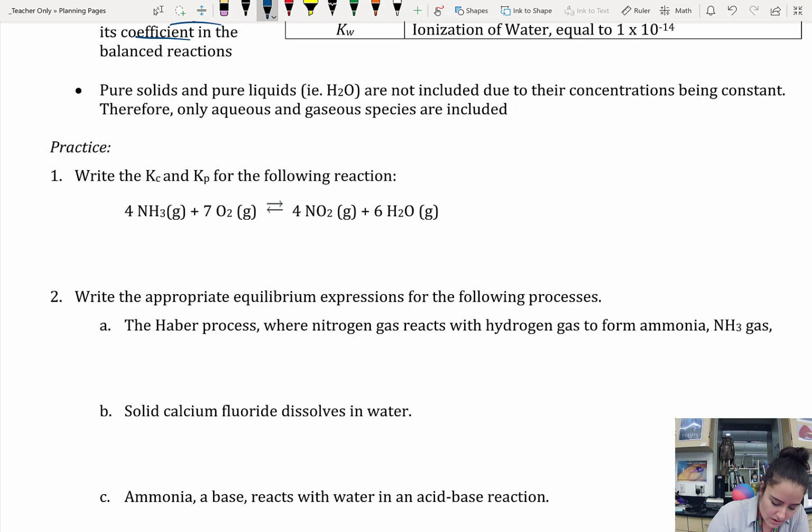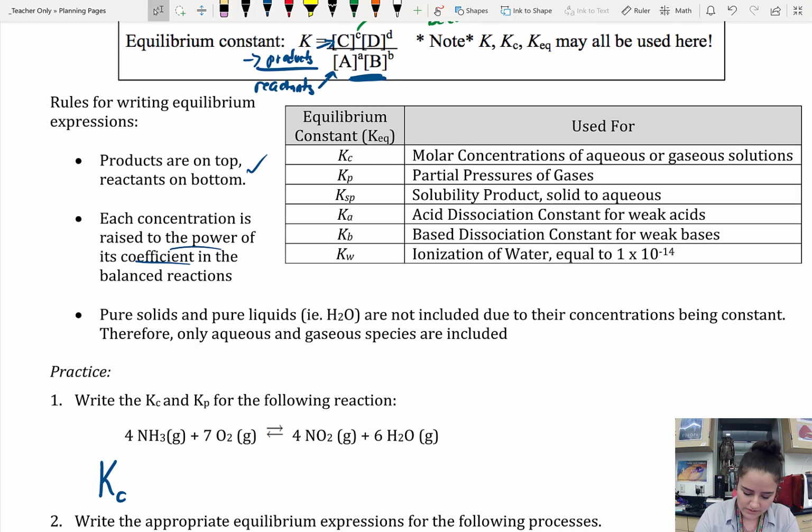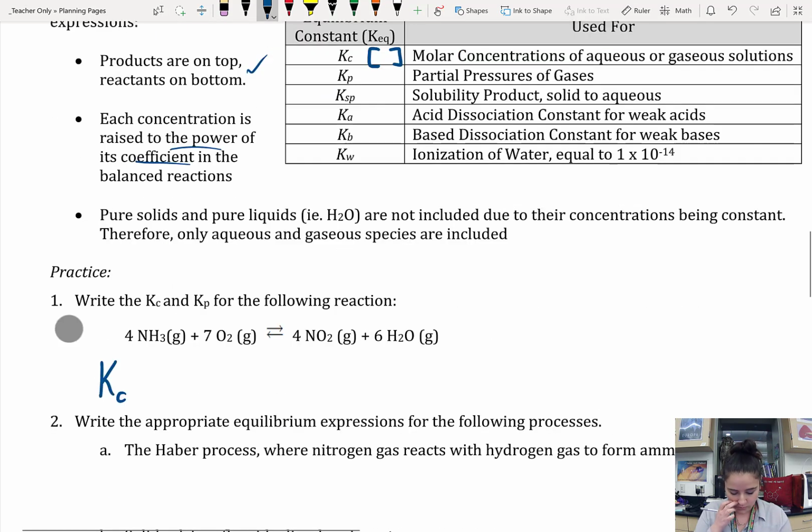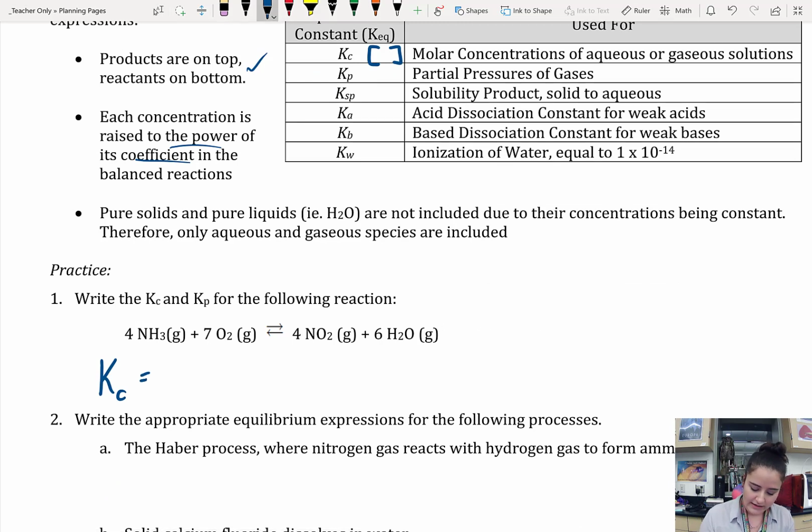So first, we'll do the concentrations. Remember, when we're doing concentrations, we need to use the square brackets, okay? Square brackets mean concentration. And it's going to be our products, which are our NO2, the molarity of the NO2 raised to the 4th power, times H2O, which they say is a gas, so it does get included.